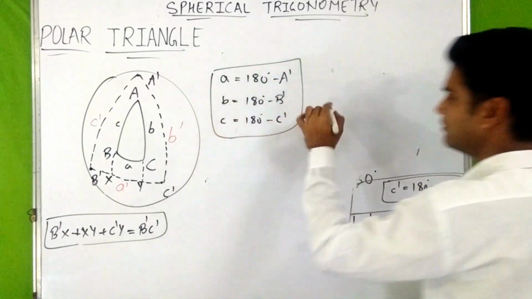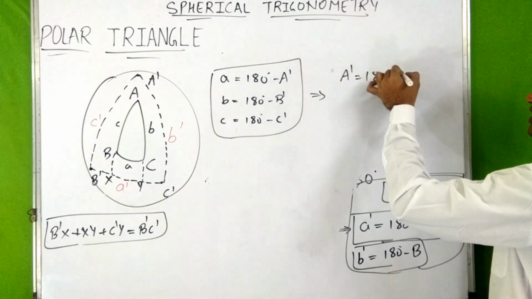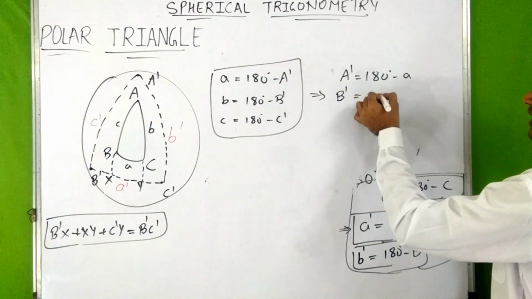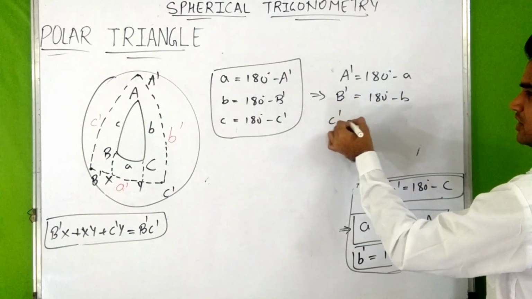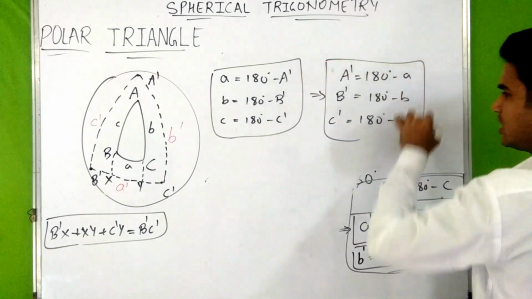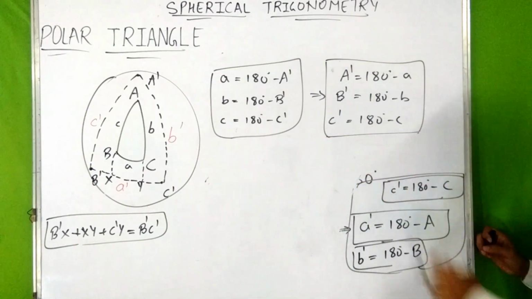Or this can be written as capital A dash is equals to 180 degree minus small a, capital B dash is equals to 180 degree minus small b, and capital C dash is equals to 180 degree minus small c. So these equations actually prove the second statement of polar triangle.